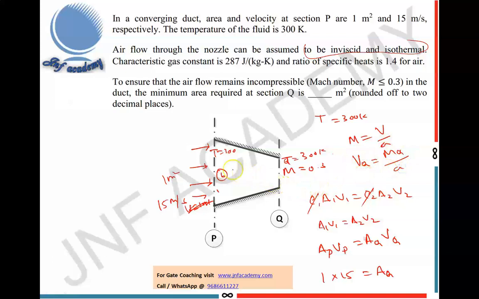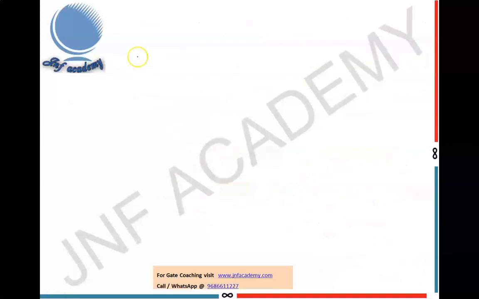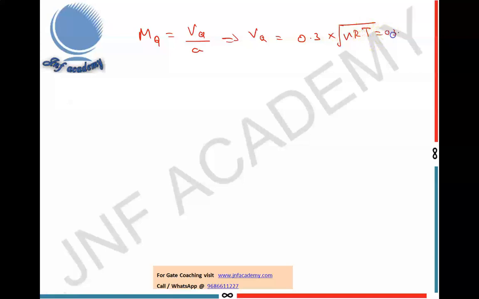The speed of sound will not vary because they have clearly told us it's an isothermal process. So the Mach number at Q is equal to the velocity at Q divided by the speed of sound. The velocity at Q is 0.3, the Mach number, into the speed of sound, which is root of gamma R T.